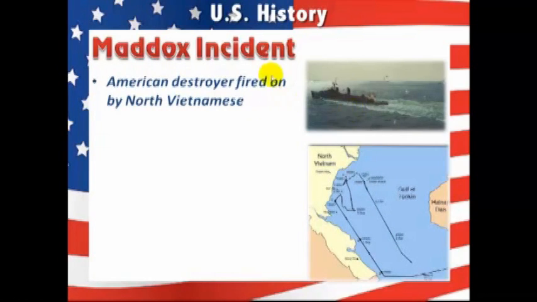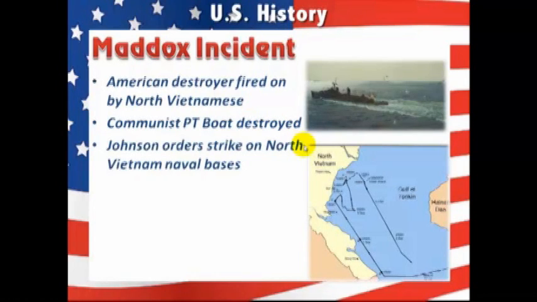So the Maddox was an American destroyer fired on by the North Vietnamese. A communist PT boat is destroyed. Johnson orders a strike on North Vietnam naval bases in response. And Johnson's popularity increases in response to this bombing.